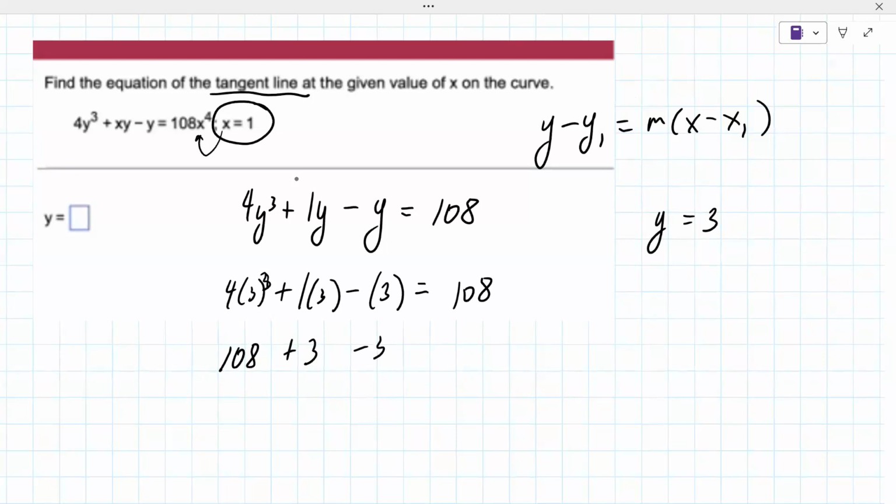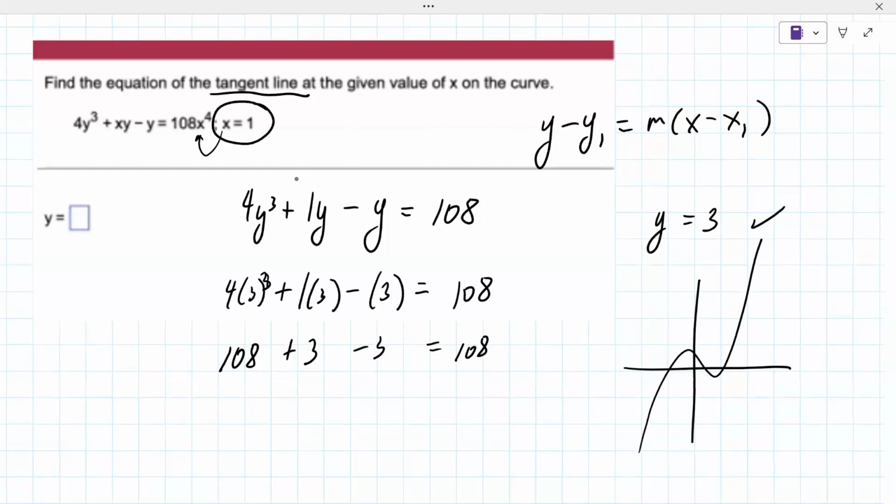Plus 3 minus 3 does end up being 108. I mean, this probably isn't going to be on your test, but like you said, it was a lot harder than you thought. I don't know what to say. But there's the point. You could graph this original function, it's going to have some shape, and then you could see where it hits 108 as well.